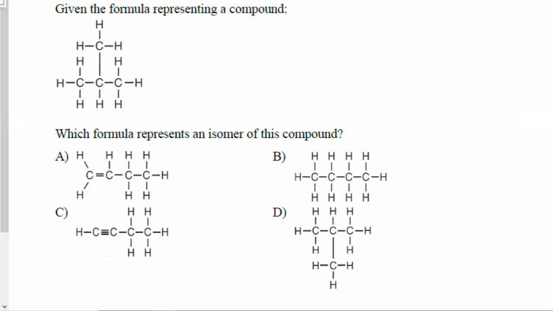Let's take a look at this Regents exam question. They gave us a compound and they want us to figure out the isomer of this compound. The first thing I would do is I would count the number of carbons and hydrogens that I have in this compound. So I have 4 carbon and 10 hydrogens.